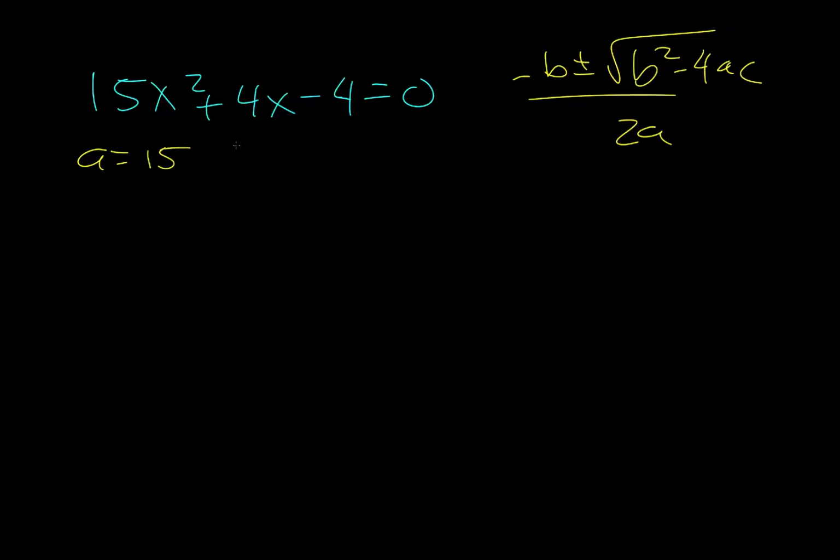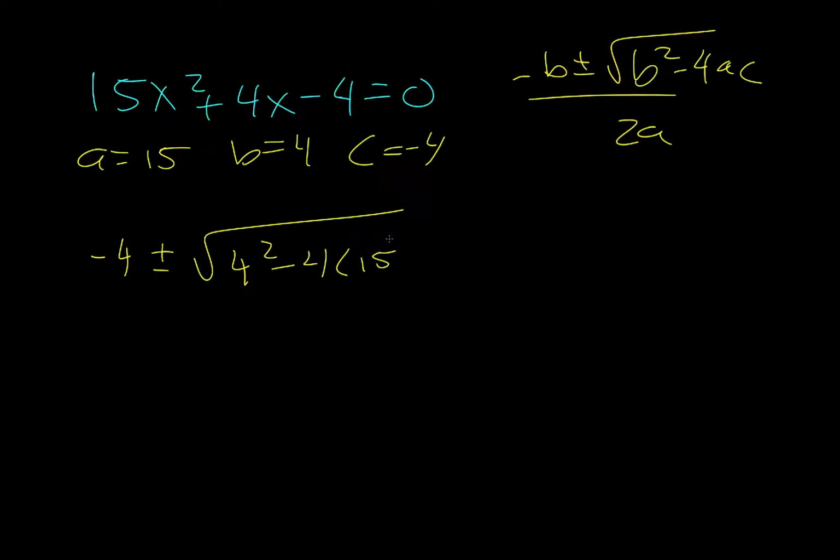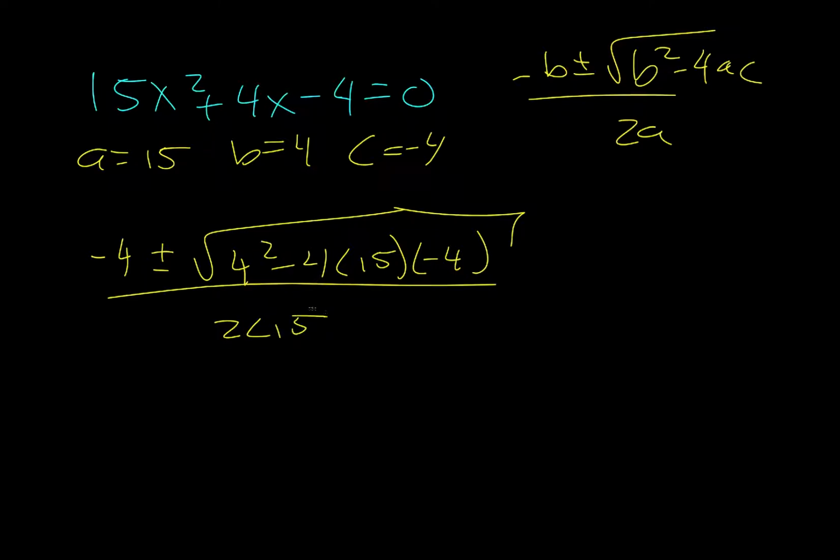A is 15, b is 4, c is negative 4, and so we plug in negative b, we get negative 4 plus or minus 4 squared minus 4 times a times c all over 2 times a. So we cross those out, we get 30, we get negative 60. Negative 60 times that would be a positive 240. And then 4 squared is going to be 16.